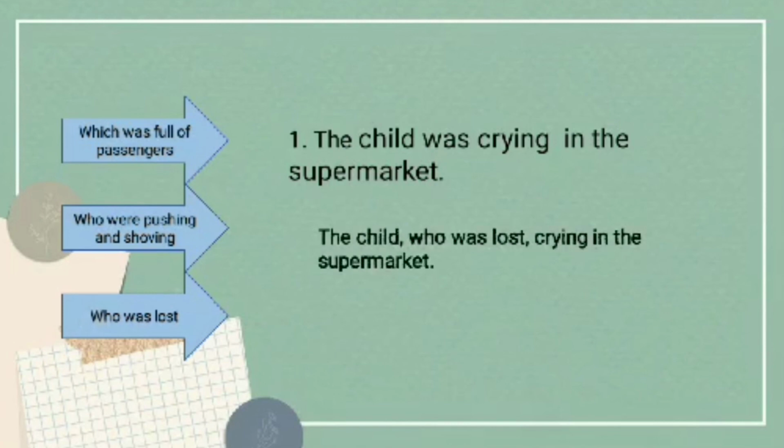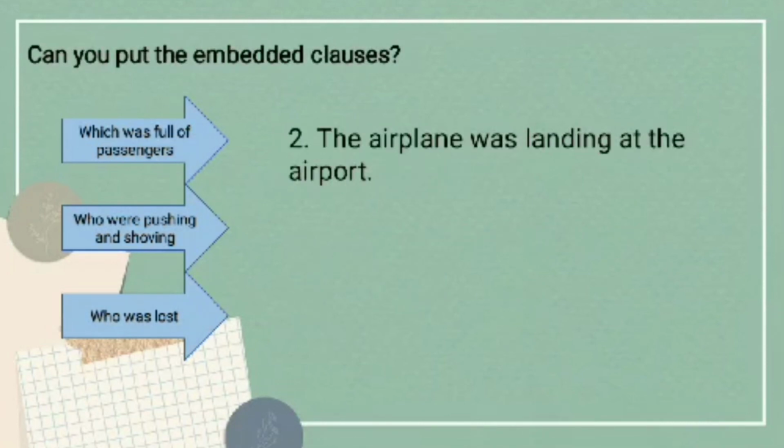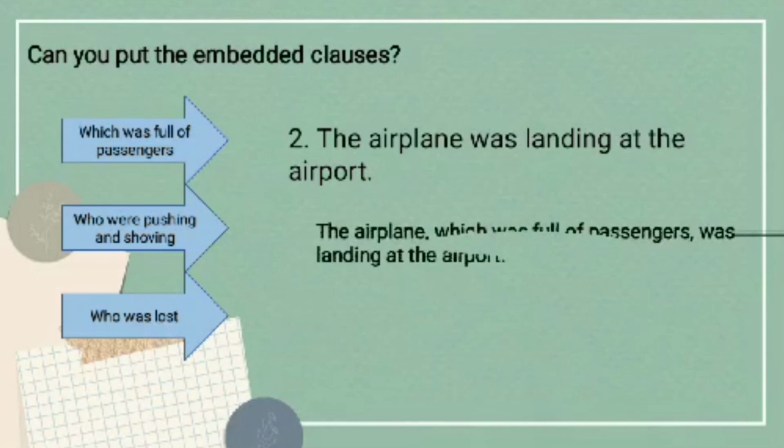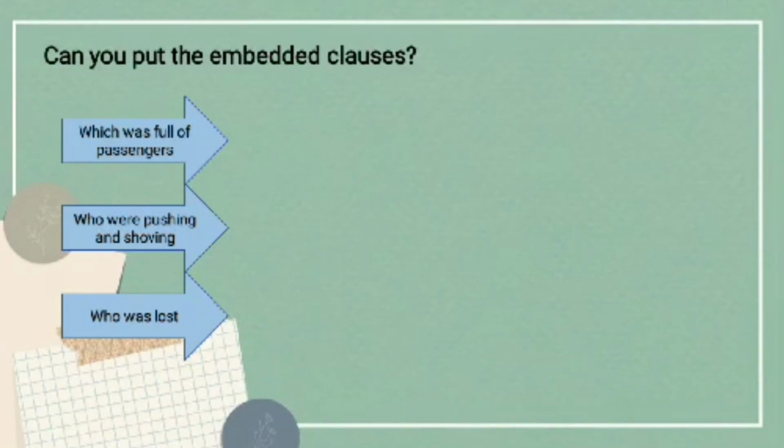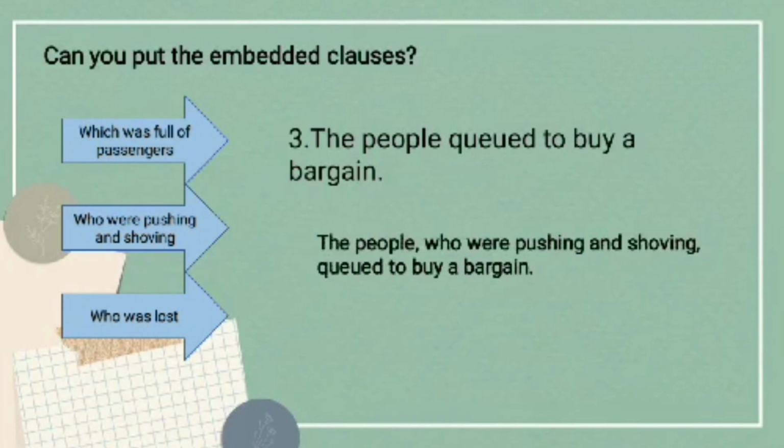The answer is the child who was lost was crying in the supermarket. Number 2, the airplane was landing at the airport. The answer is the airplane, which was full of passengers, was landing at the airport. Number 3, the people queued to buy a bargain. The answer is the people who were pushing and shoving queued to buy a bargain.